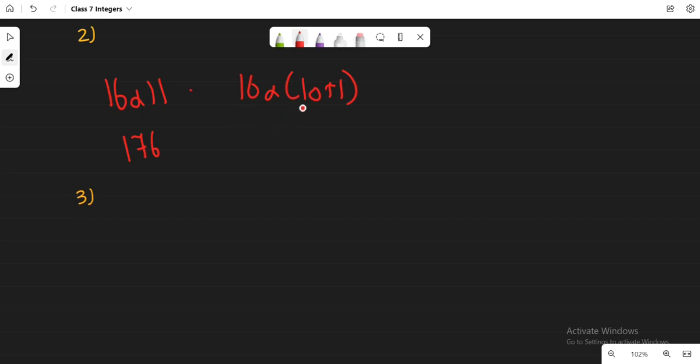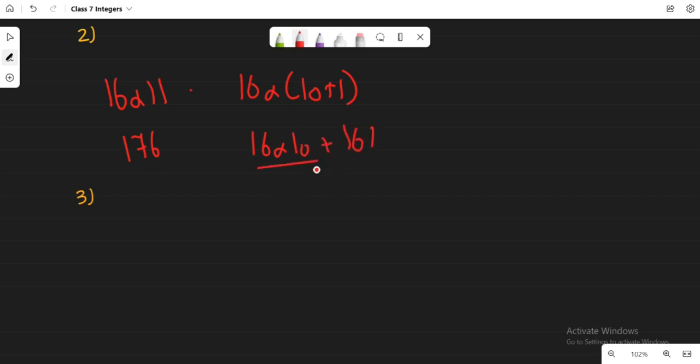So we know that when we have 16 multiplied by two numbers that are added inside brackets, we can write it like this: 16 into 10 plus 16 into 1.